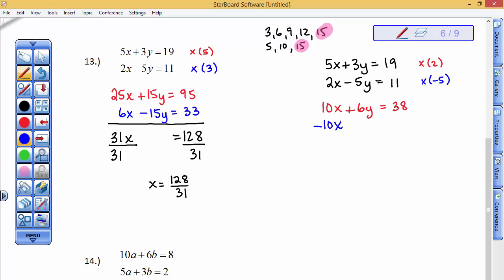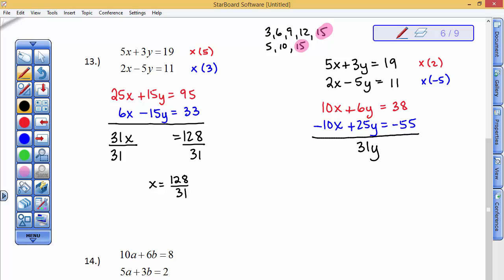And I want those to eliminate when I add them together. But be careful, this -5 times this -5 will be a +25. And then 11 times a -5 is a -55. And when I add these two equations now, I'm going to get 31y.